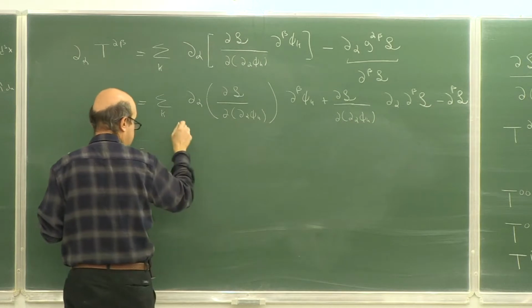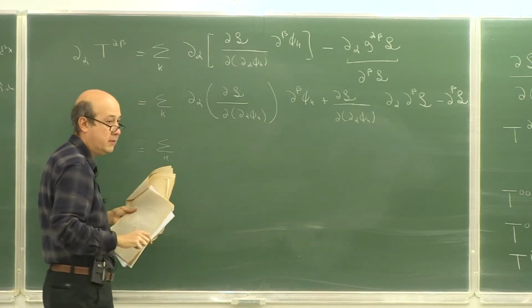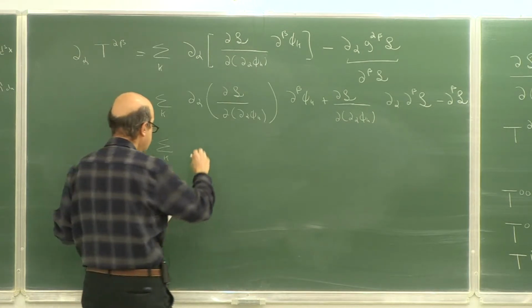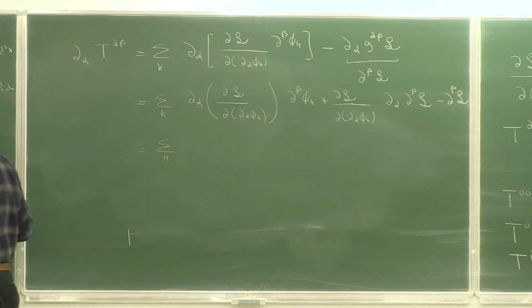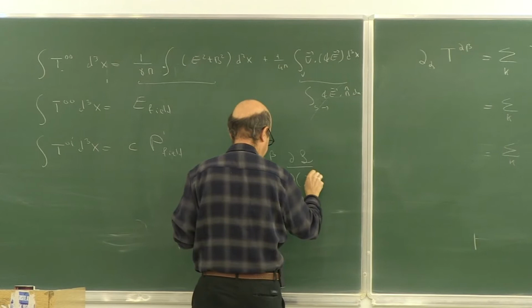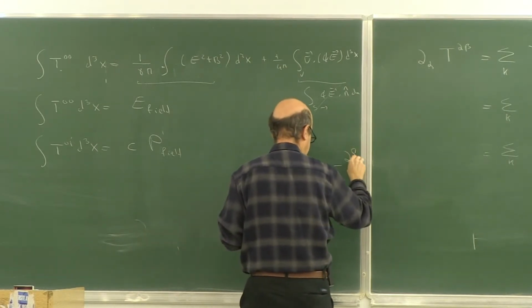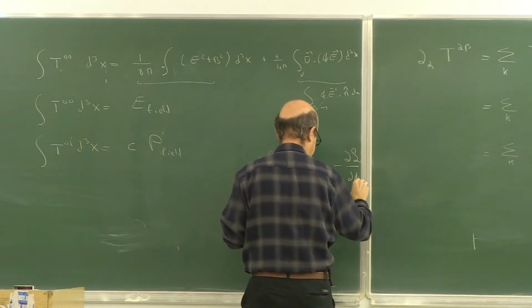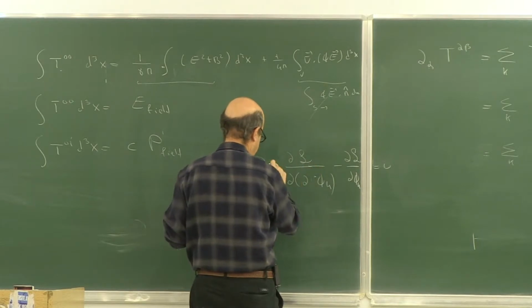So, and what is this? If you remember the earlier Lagrange equations, this is one term of the earlier Lagrange equations. So remember the earlier Lagrange equations, that is del beta of del Lagrangian density over del beta phi k minus del Lagrangian density over del phi k is equal to 0. Or you can write this as alpha and alpha.